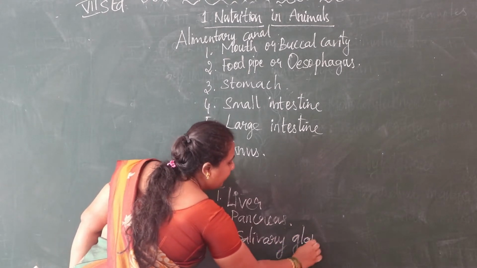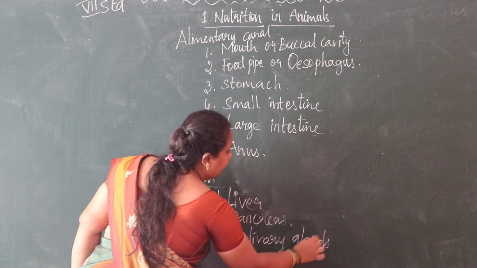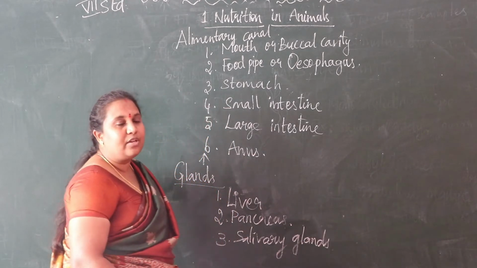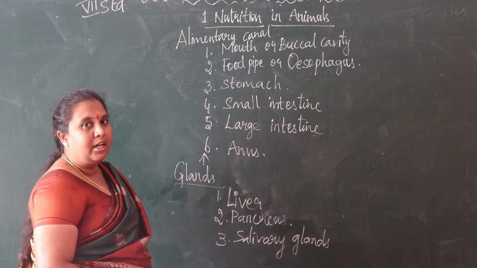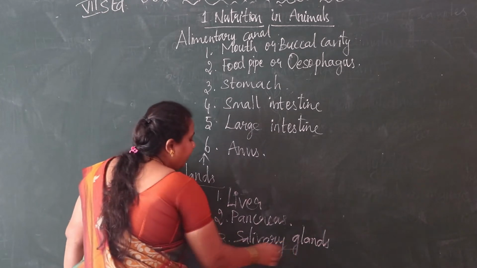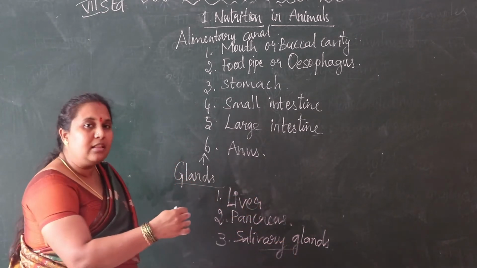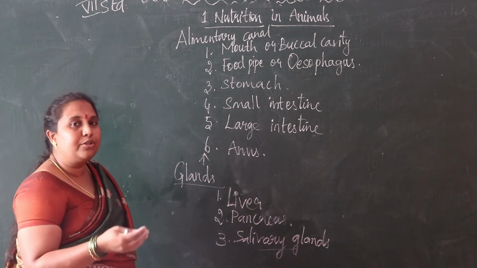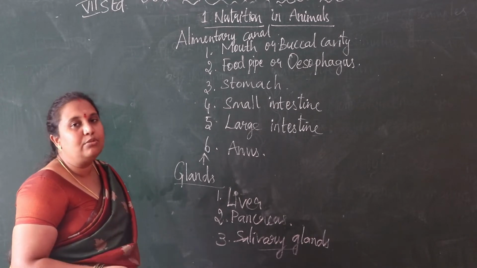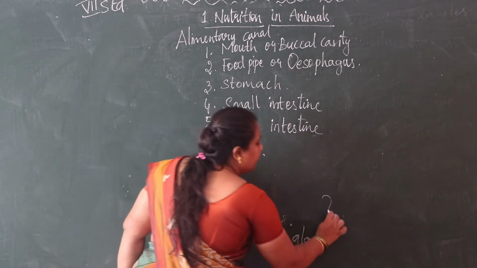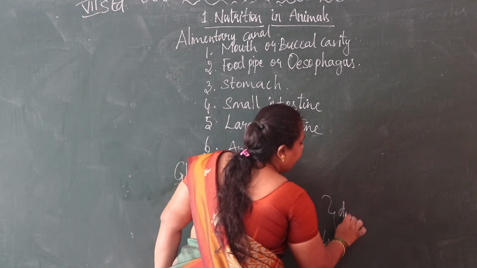Among these, salivary glands are very important. All three glands are important, but salivary glands are especially so. All these three glands produce digestive juices for the digestion of food.